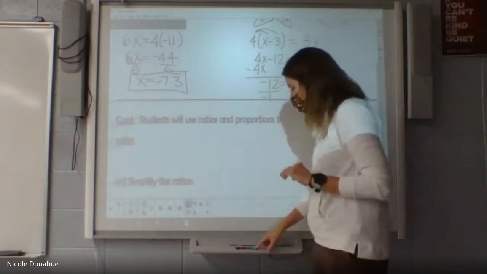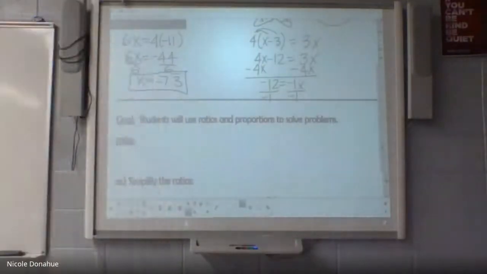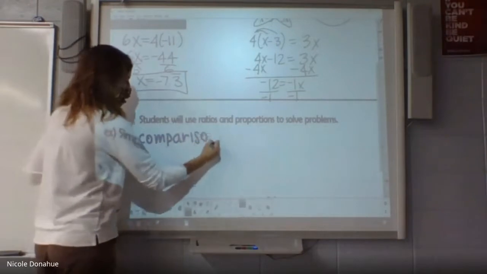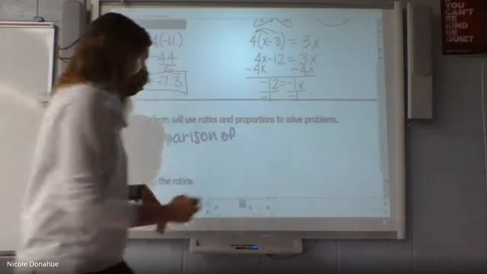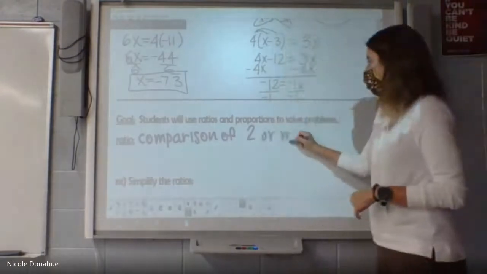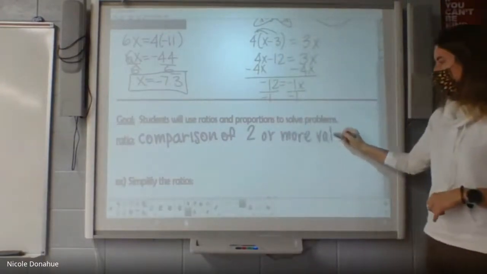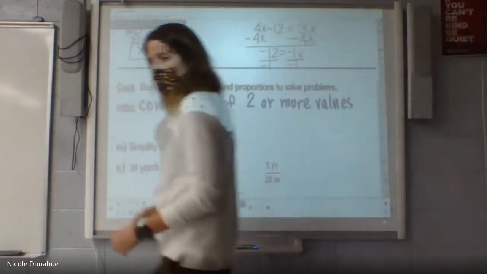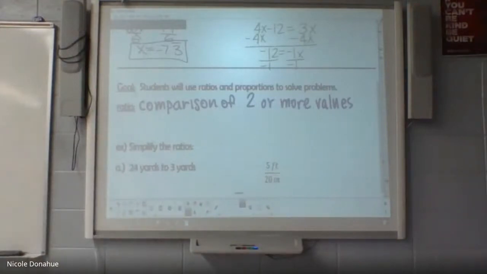So first, start off by talking about ratios. The ratio is basically a comparison of 2 or more values. Now, you probably use ratios all the time without even realizing it.